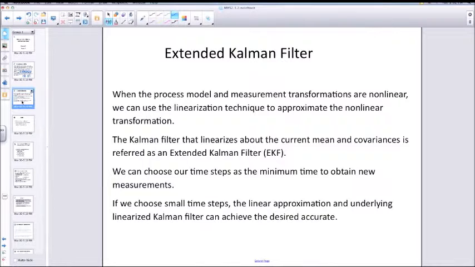Let's look at the idea. If the function is not linear, we learned in the first lesson of this module how to linearize the nonlinear function.